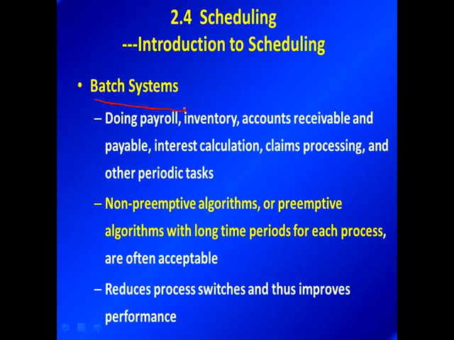For example, if you are doing payroll, or claims processing for an insurance company, they just need to run instructions one after another to handle those transactions. They need little interaction with the users because everything is in the program and the data.